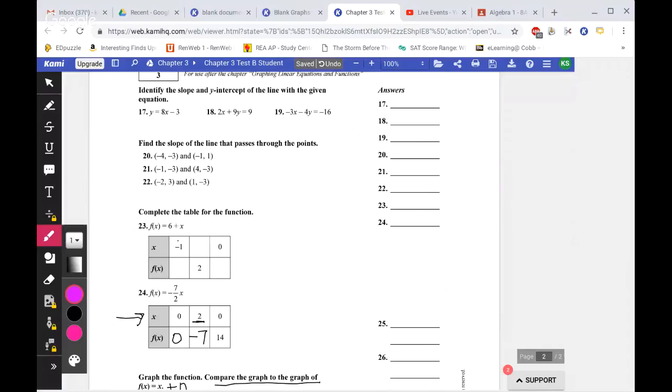Just to be sure, what is the slope on 17? 8. Good job. What is the y-intercept? -3. Good job. Okay. And for 18 and 19, you would have to get them into slope-intercept form, or y equals mx plus b. Is there anybody who's struggling with that and needs me to do those?